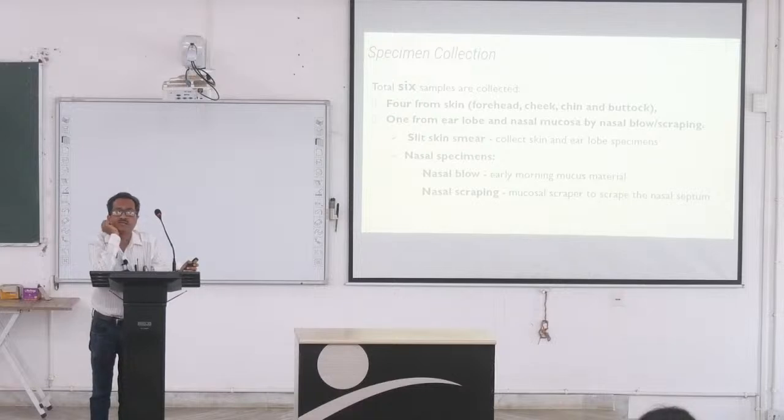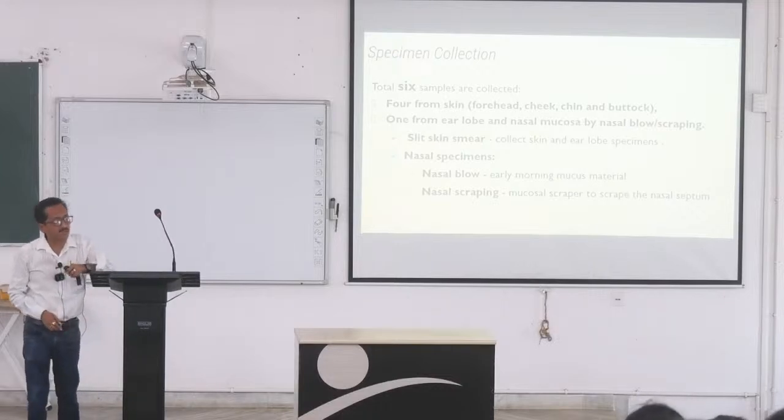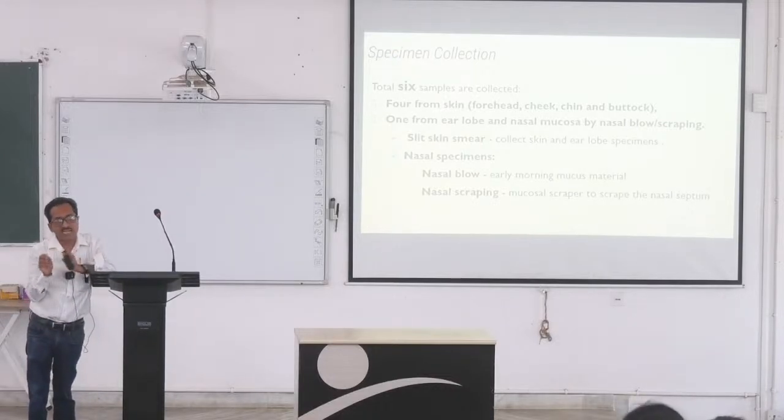Initially I mentioned that leprosy prefers the cold positions of our body. Even for a skin lesion, you take 4 samples from the margin. Don't take the central part; take the slit skin smear from the advancing margin, because there is central clearing. So from the lesion you take 4 samples, and you take 2 samples from both ear lobules.